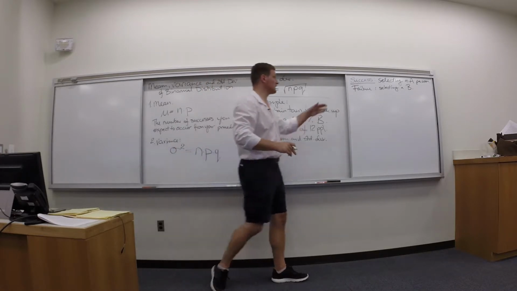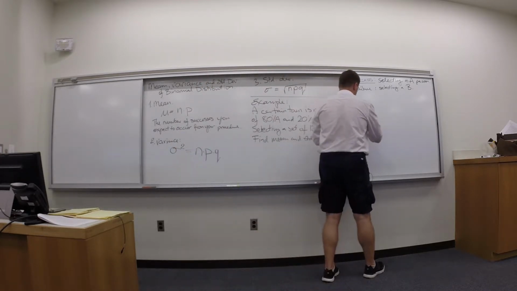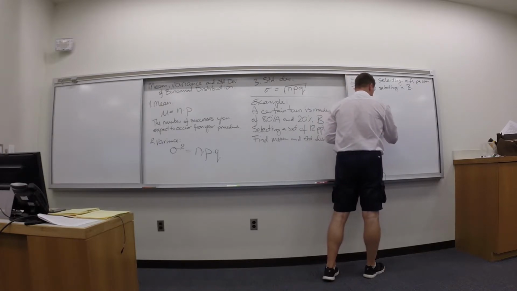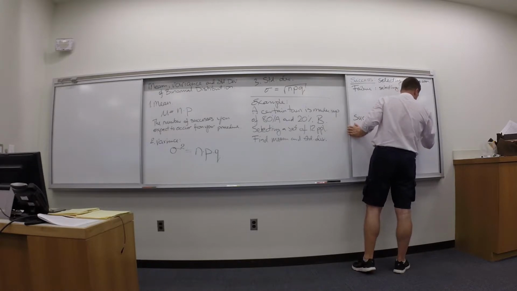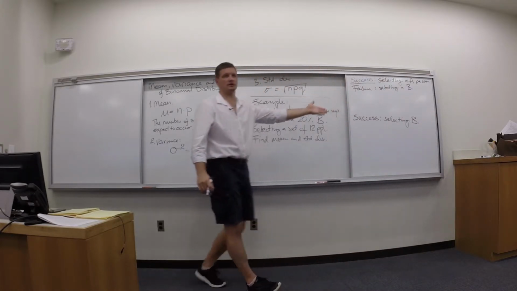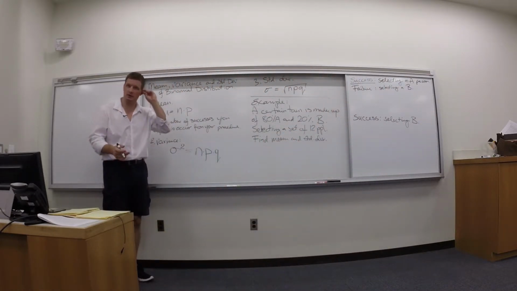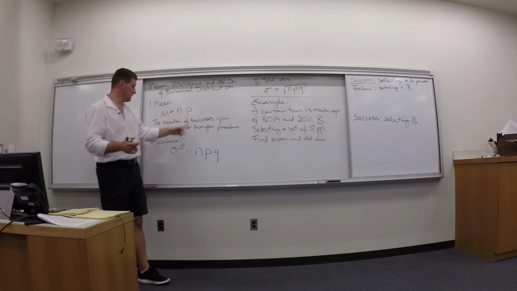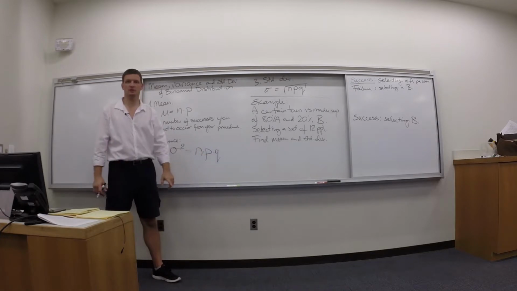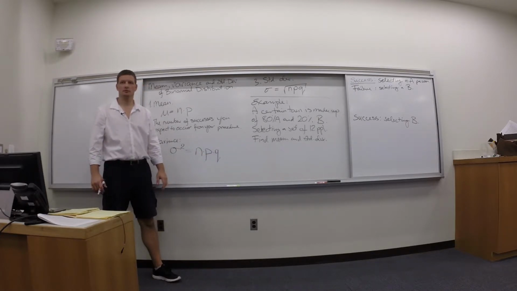We can take a look at it this way, or we could take a look at it this way, right? Whichever way you pick, that doesn't matter because p and q are complements of each other, right?